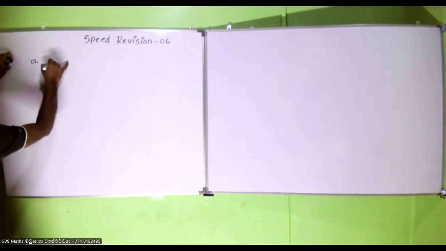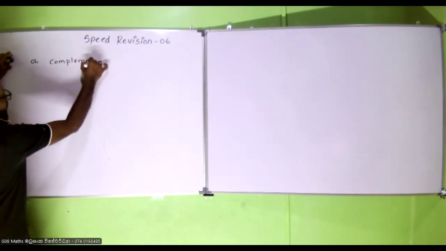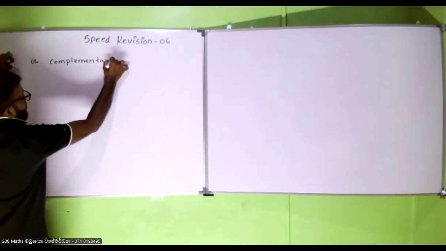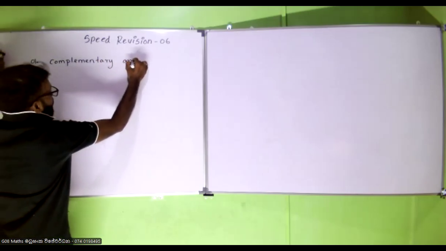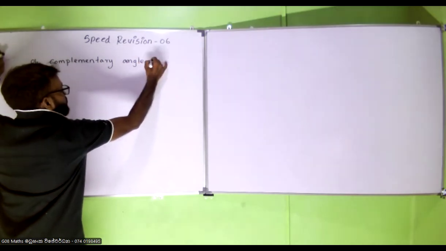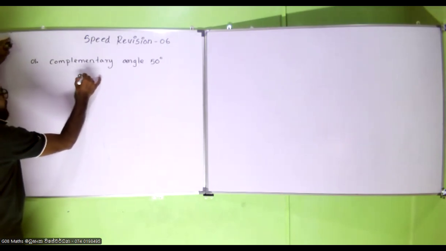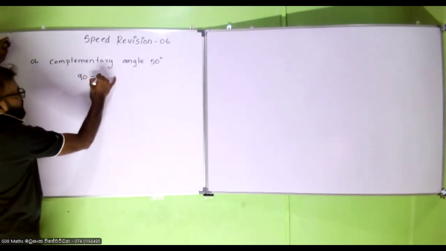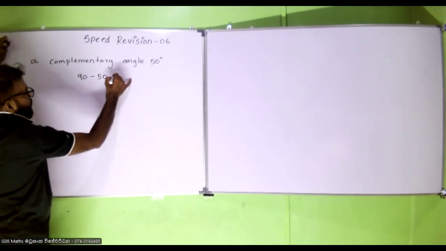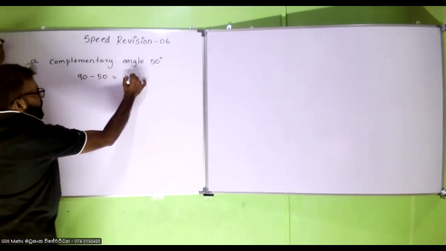So they are asking the complementary angle of 50 degrees. So you have to subtract from 90. So the complementary angle of 50 degrees is equal to 40 degrees.